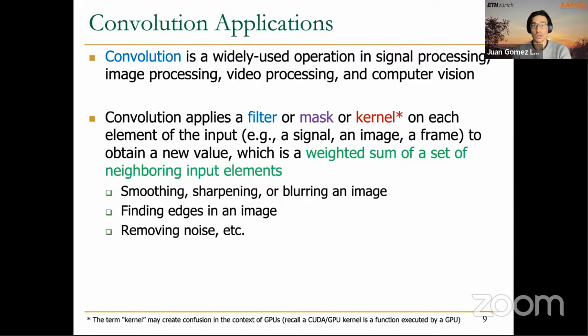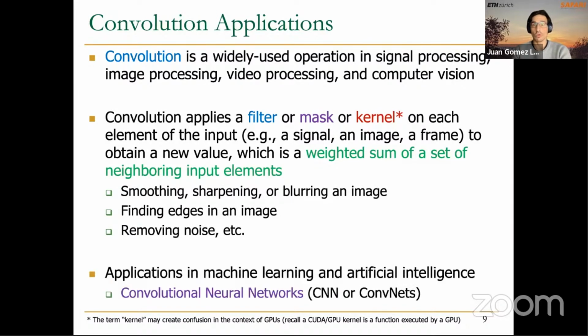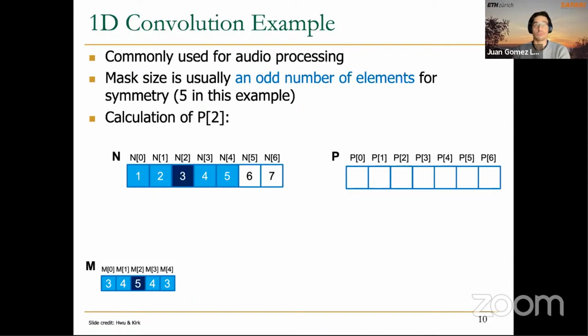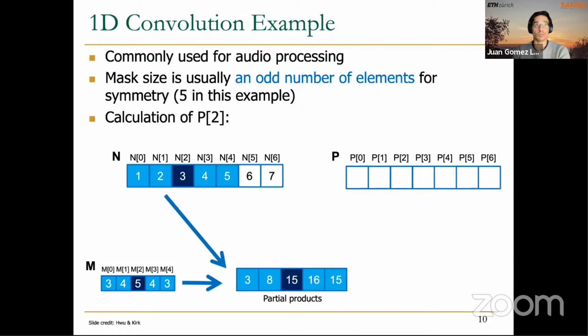We were discussing different applications of convolution, and probably the most important one these days is the application to machine learning and artificial intelligence in the form of convolutional neural networks. We talked about the convolution and how to optimize it.